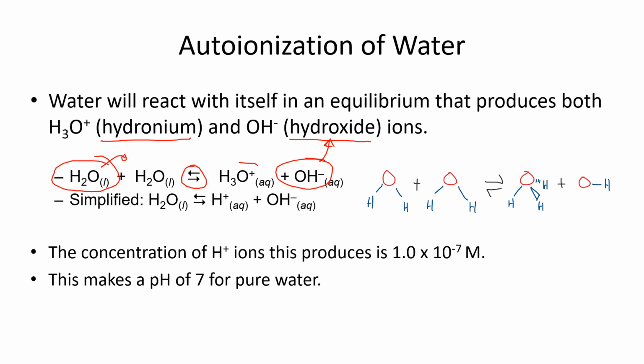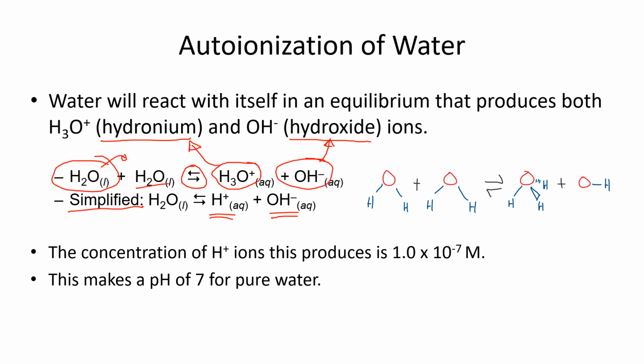And also, you're going to end up with the same number of hydronium ions from that same water. And so if you simplify that, of course, if you get rid of the hydroniums and the other water molecule here, it just looks like the water is being ionized to become those two now familiar ions for acids and bases, right? So pure water will produce both hydrogen ions and hydroxide ions in equal quantities, right?